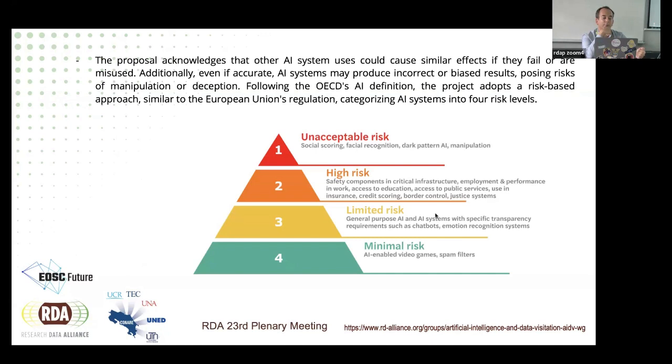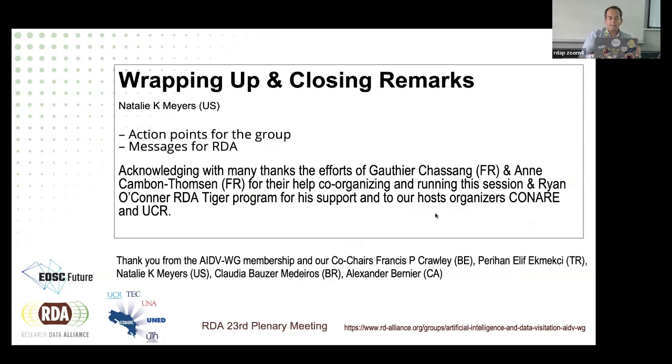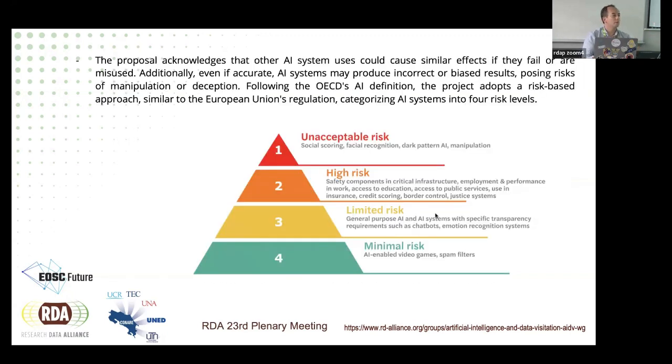Additionally, even if accurate, AI systems may produce incorrect or biased results, posing risk of manipulation or deception. Following the OECD's AI definition, the project adopts a risk-based approach, similar to the European Union's regulation, categorizing AI systems into 4 levels of risk, as my friend Gatesh already explained. And that's it. Thank you, everyone, for this invitation.